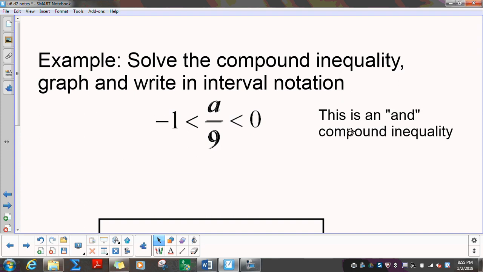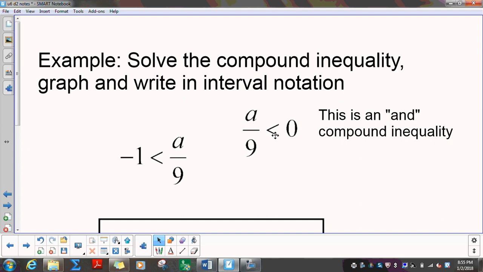So you can do this multiple ways. The easiest for you to understand right now is just to take the first part. So you want to take the negative 1 is less than a over 9, and you want to just go ahead and separate that out. If you make them into two different inequalities, you can just put the word and in between.